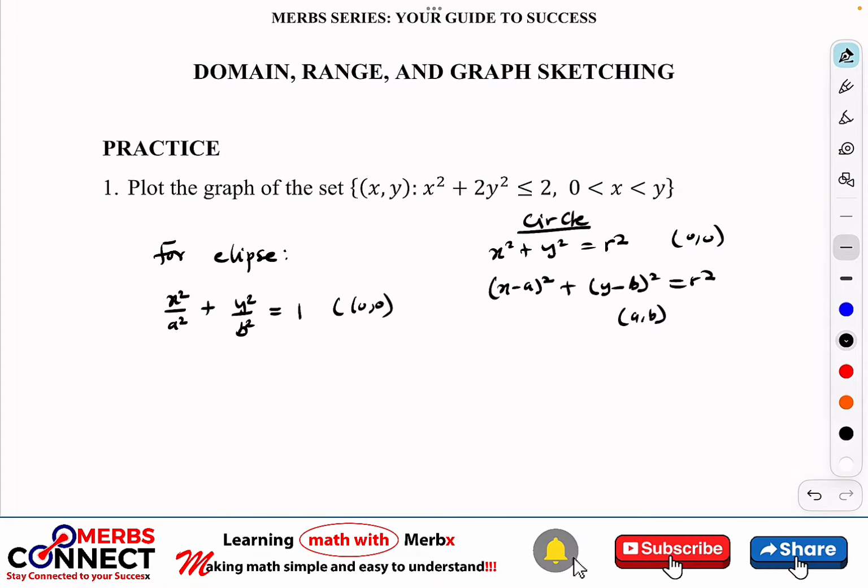Now let's look at the ellipse when the center is not 0. So this is (x plus h) divided by a, squared, plus (y plus k) squared divided by b squared is equal to 1. This is when the center is h and k.